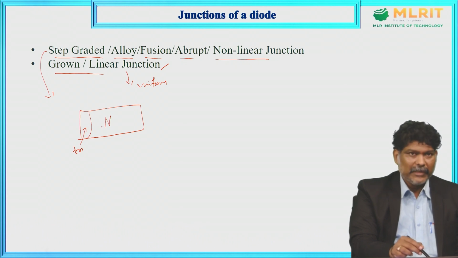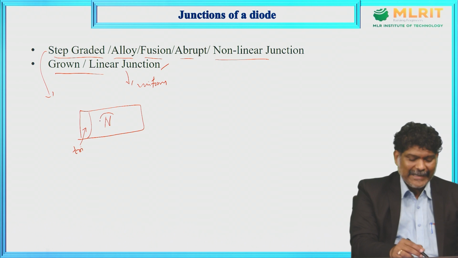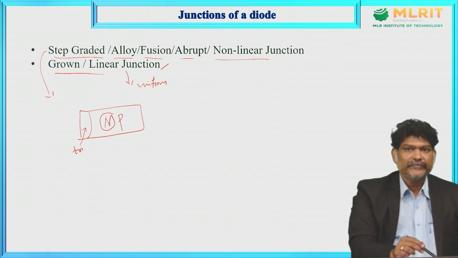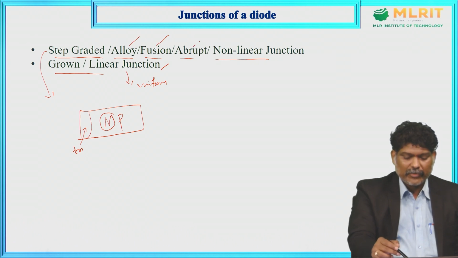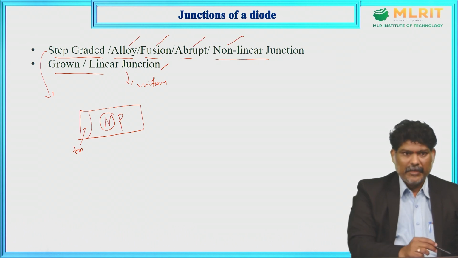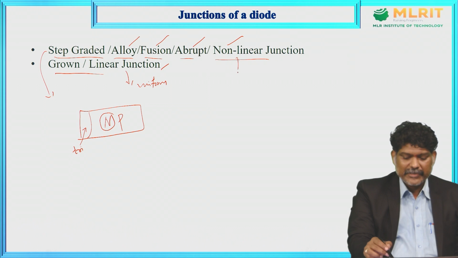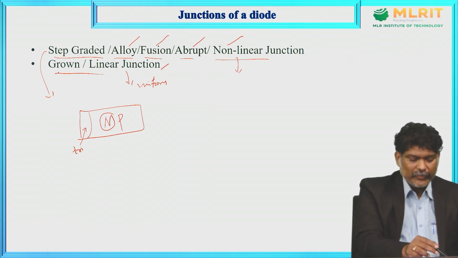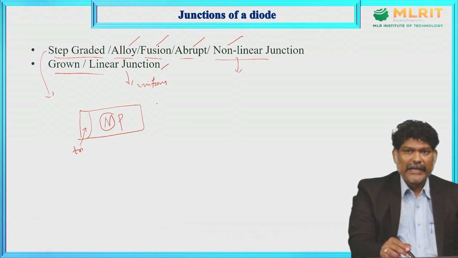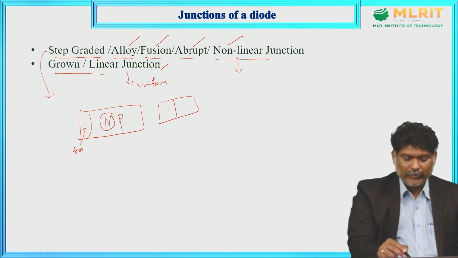That means the concentration changes abruptly, and the N-type becomes P-type. Such a junction is called a step graded junction, alloy junction, fusion junction or abrupt non-linear junction, because the carrier concentration is not uniform. Whereas in a grown junction, the carrier concentration will be uniform.